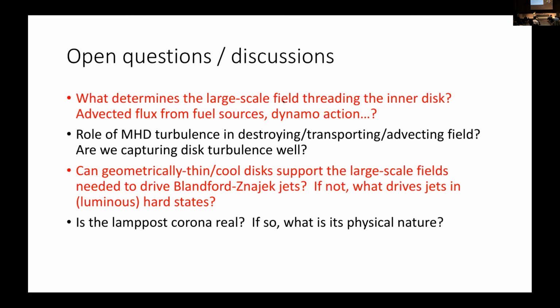I'm Pier Petrucci. Concerning the lamppost geometry, we have seen this morning that it was suggested by Martocchia and Matt in '96. The idea could be that, for any reason, a jet collapses and produces hot sources of X-rays above the black hole, preventing the production of large-scale jets.